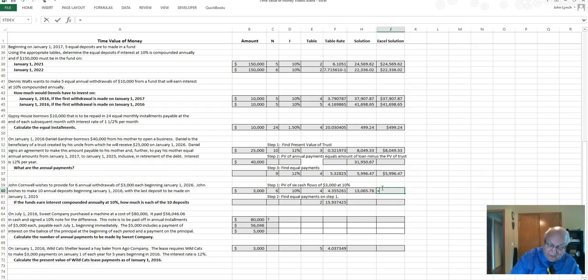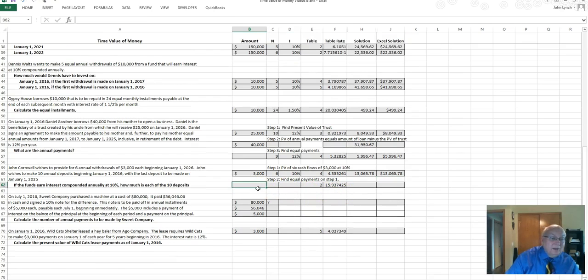And this is a pretty straightforward one. Equal present value. The rate is 10%. Number of periods is 6. And it's an annuity, so it's minus 3,000. So you come up with the same results.